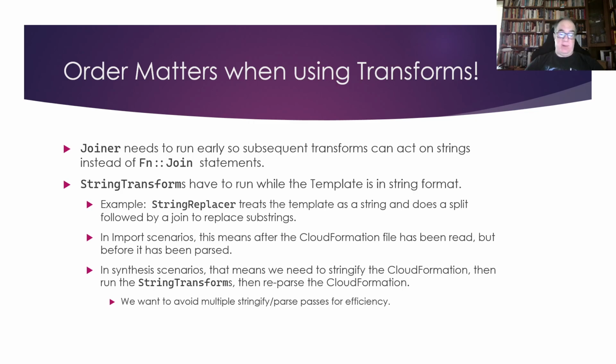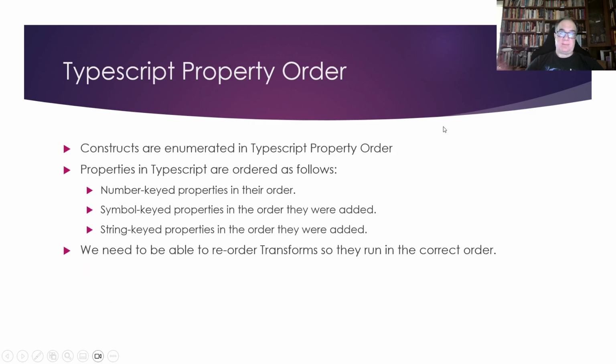And then in order to output in synthesis scenarios, we need to reparse the CloudFormation. Although you can do this, we would like to avoid multiple stringify parse passes for efficiency. And so we need to set things up so that string transforms can run in the correct order.